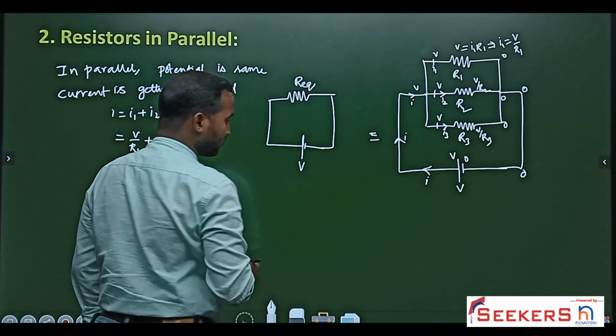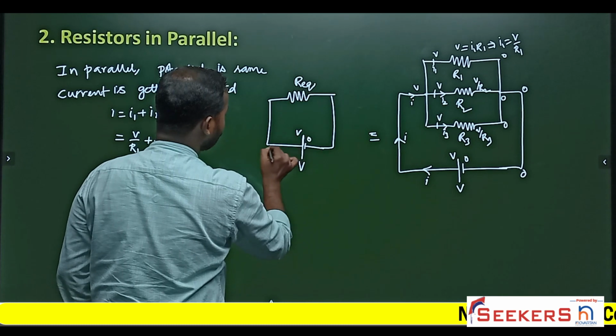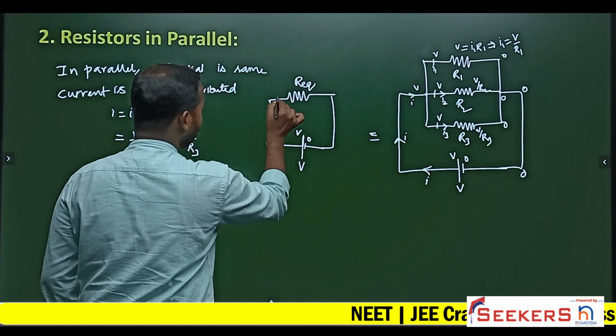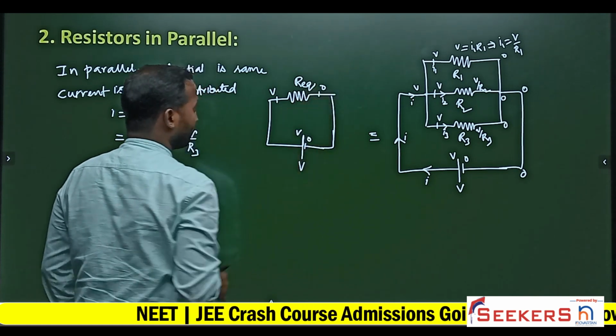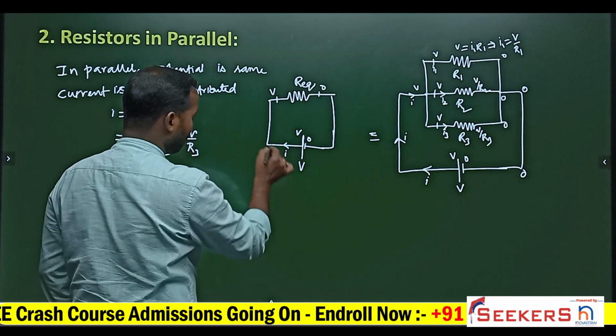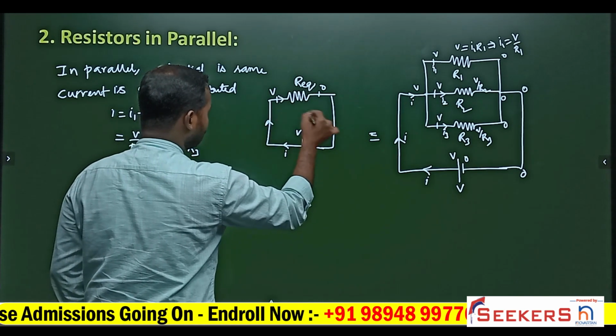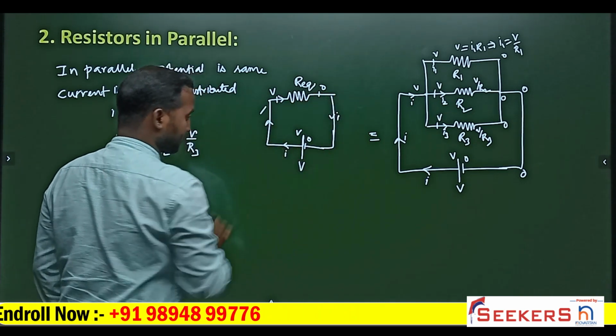V is the potential difference between the two plates. Here V, here 0. So till here the potential will be V and 0 till here. The current passing through the cell is I. Since there is no other path, all the current will pass through this R equivalent itself.